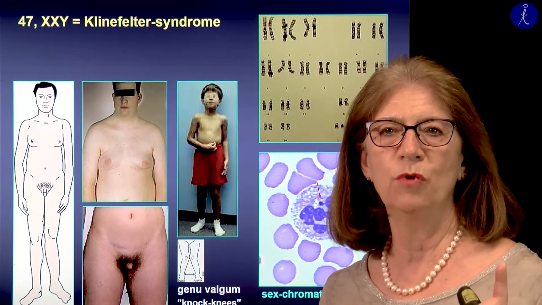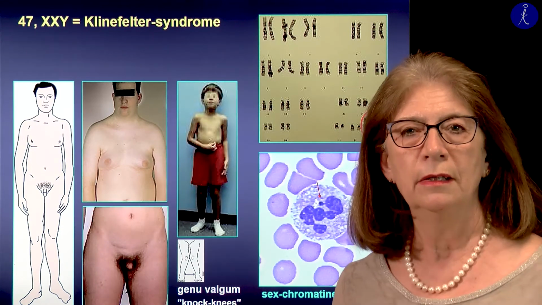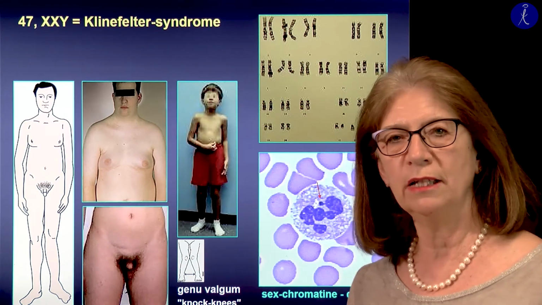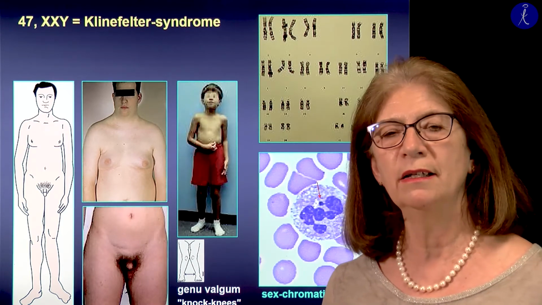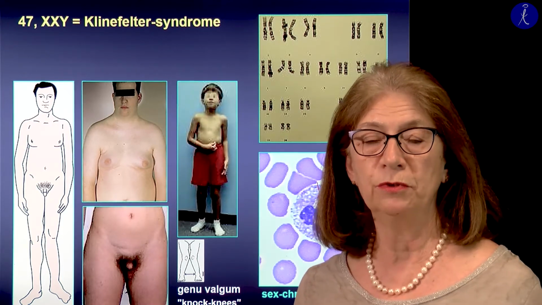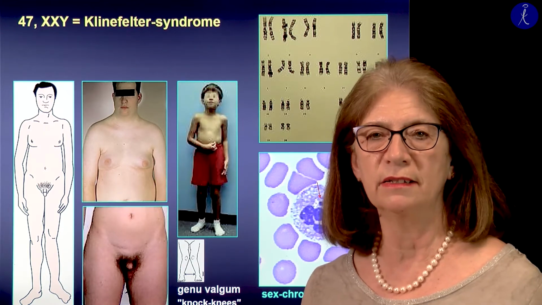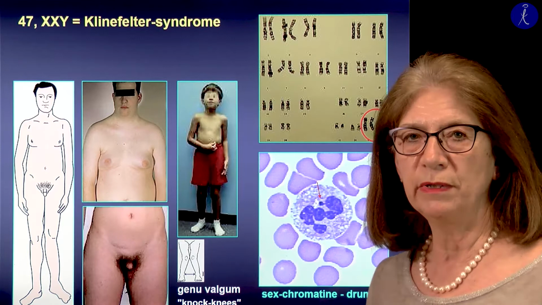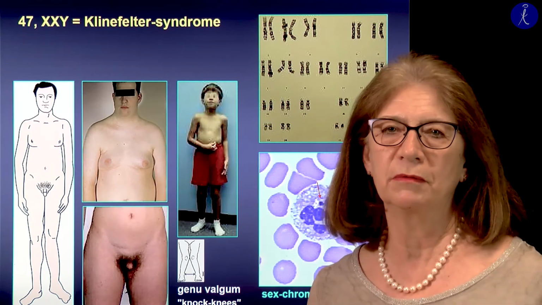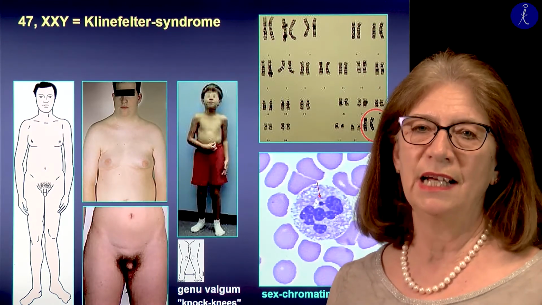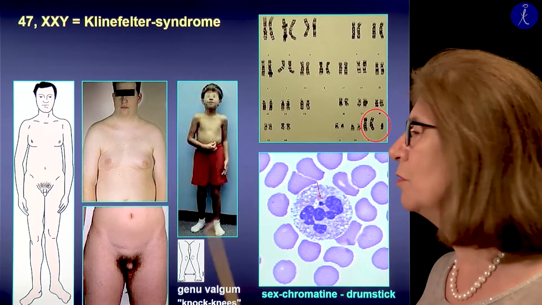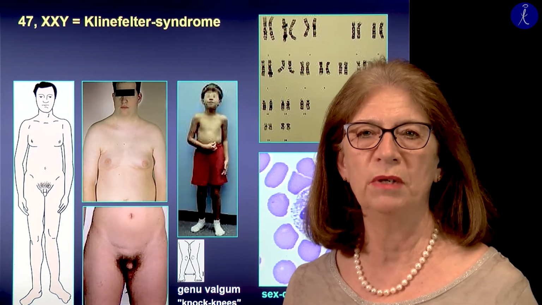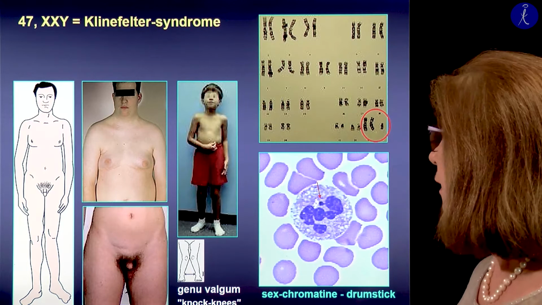If someone has more than one X chromosome, then the one which is not active will form this drumstick on the nuclei of the neutrophilic segments, so it is very easily detectable. That is, of course, the case with all women, because women have one inactive X chromosome, and in males who have more than one X chromosome, like the Klinefelter patients.